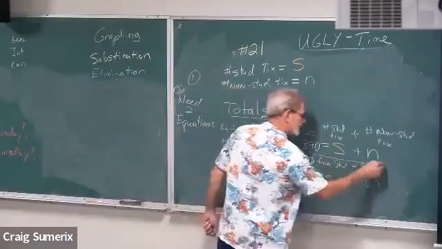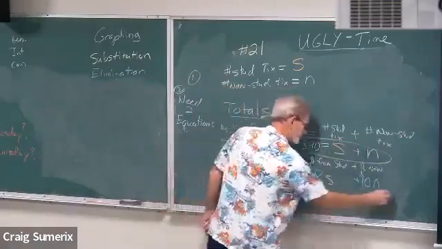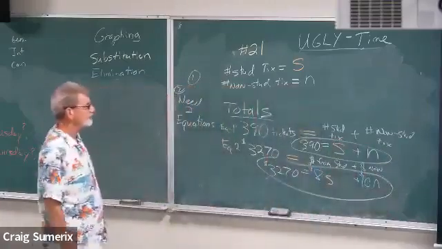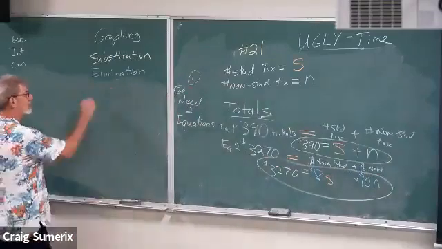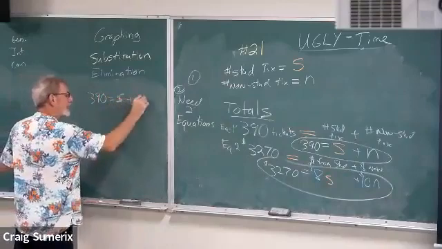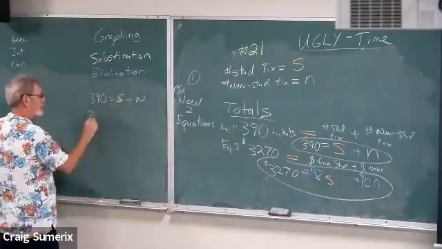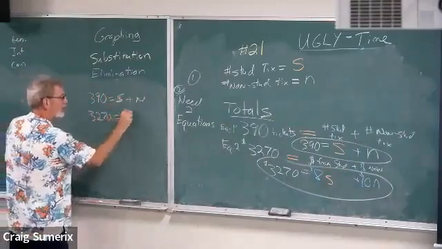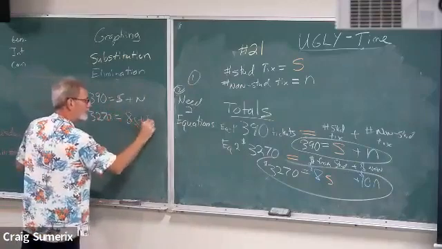So our two equations: 390 is equal to S plus N, and 3,270 is equal to 8S plus 10N.